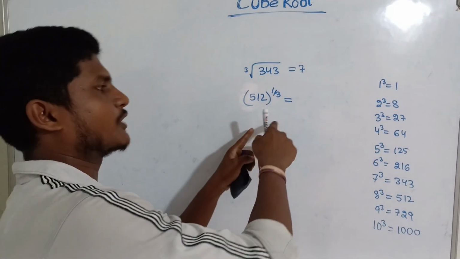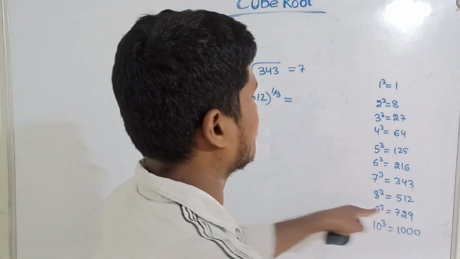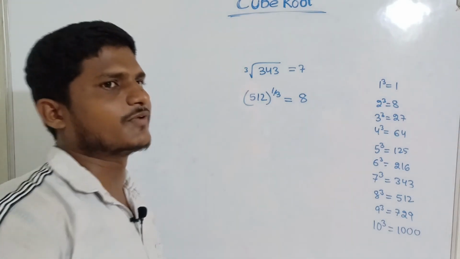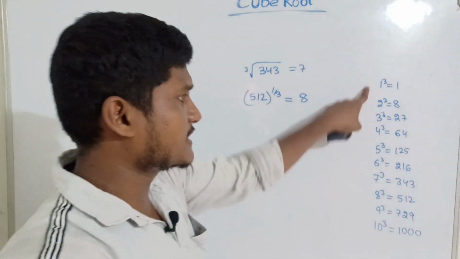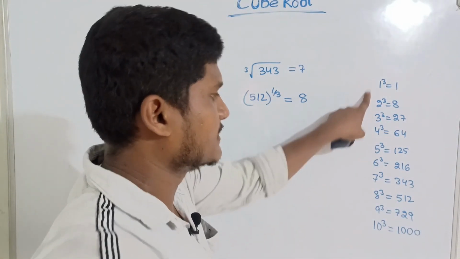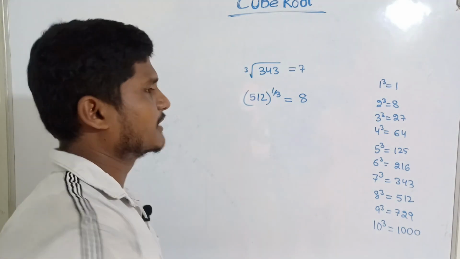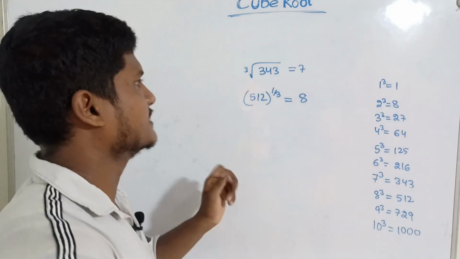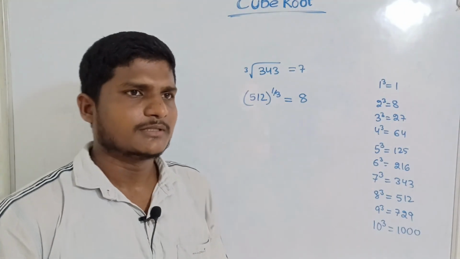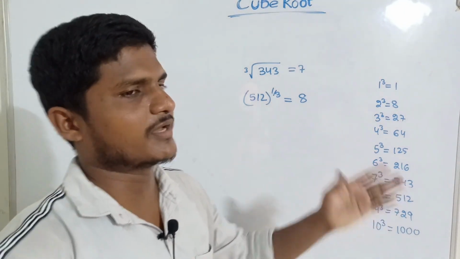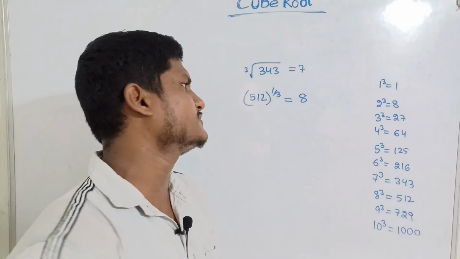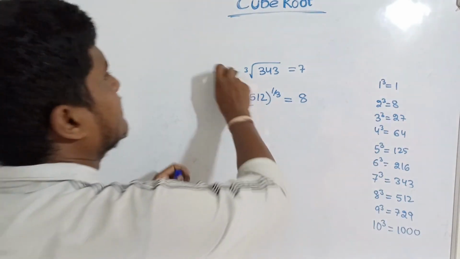This is also the cube root of 512. What is 512's cube root? That means 8. In this way, if you remember these numbers up to 10, you can calculate easily. If there are bigger numbers, like cubes of 11, 21, 37, you have to find them very easily.